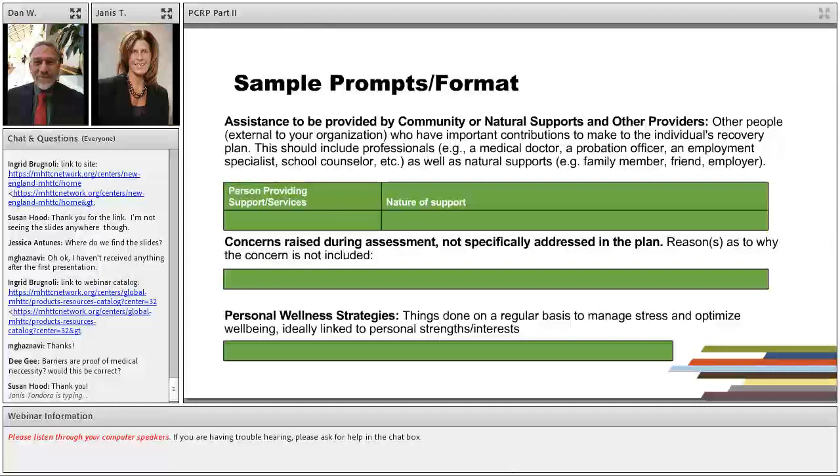Okay? And the last one is about the personal wellness strategies, or the things a person can do on their own to help achieve their goals. We've been back and forth on this one through the years. And then the last two, this and the concerns, actually don't sit within the goal hierarchy. They're at the beginning for the whole plan, because these can be redundant with the objectives.